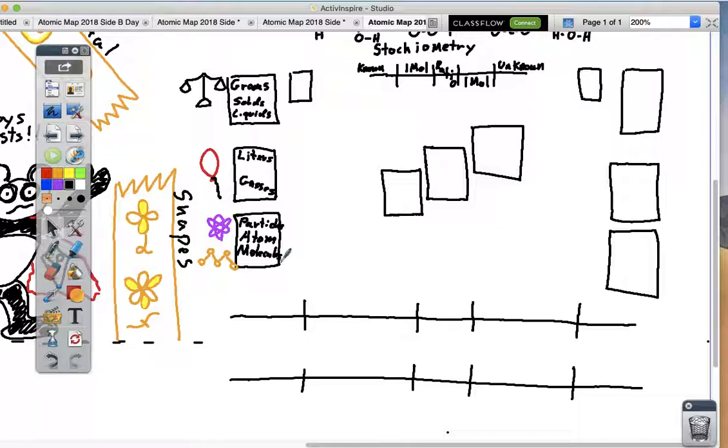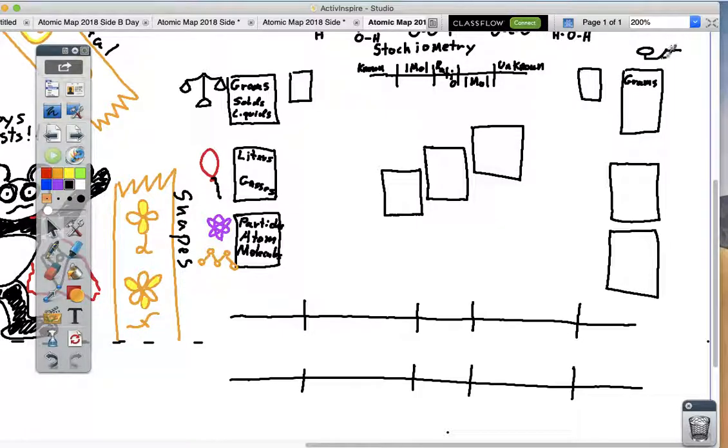Now the funny thing is, all these things that we have as knowns, we're also going to have as unknowns. So all the way on this side of our conversion, we're still looking for grams. Okay, but let's do a different scale here. Let's do a balance that we might use more frequently.